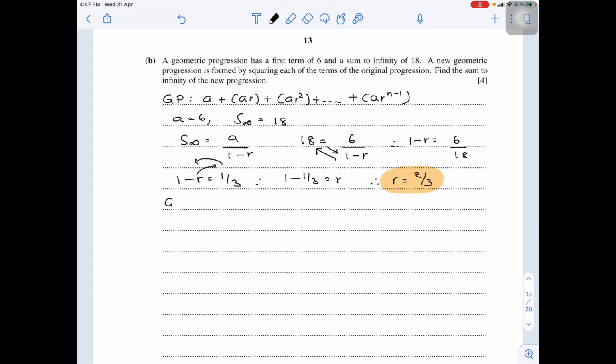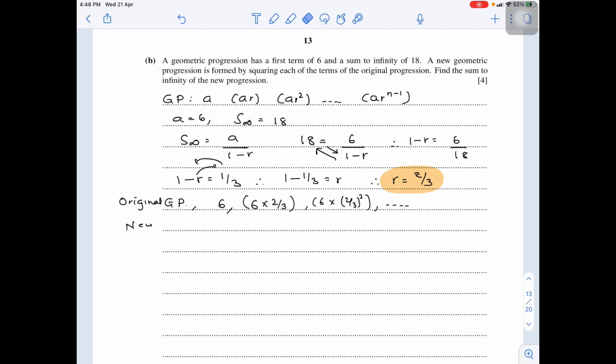All right. The original geometric progression is A, AR, AR squared, and so on. Now A is 6, then 6 times 2 over 3, then 6 times 2 over 3 squared, and so on.